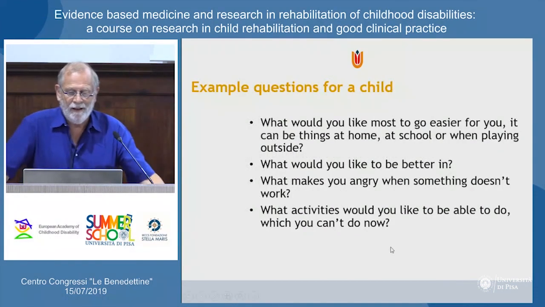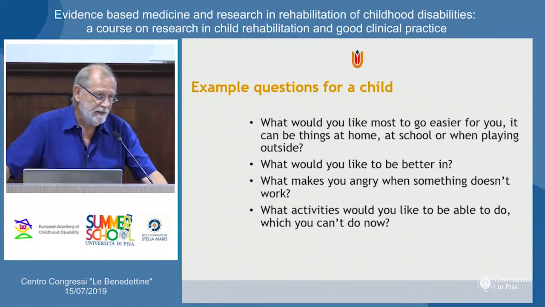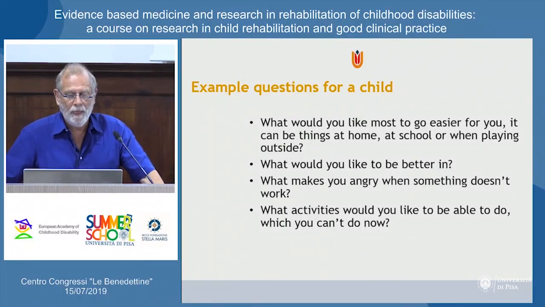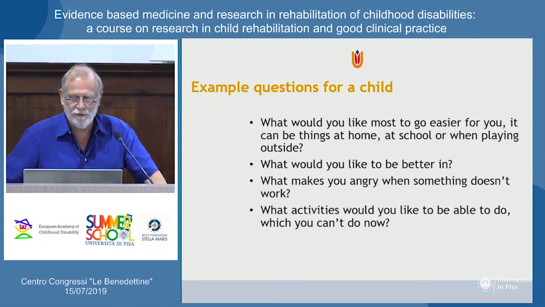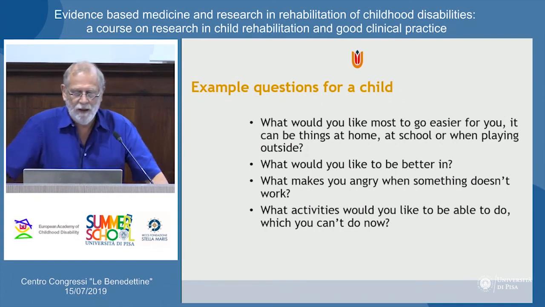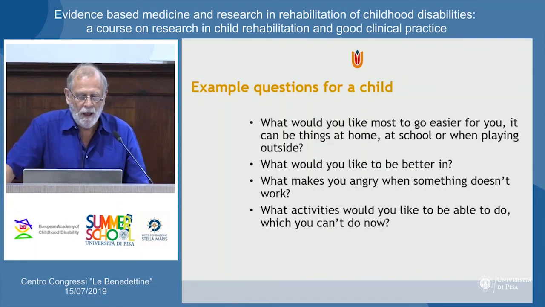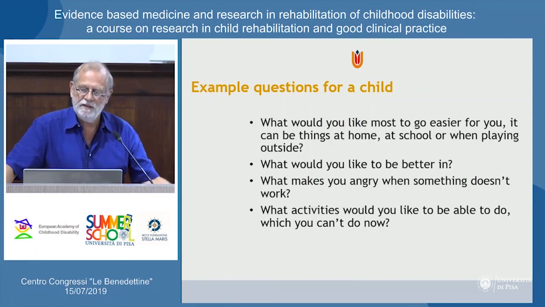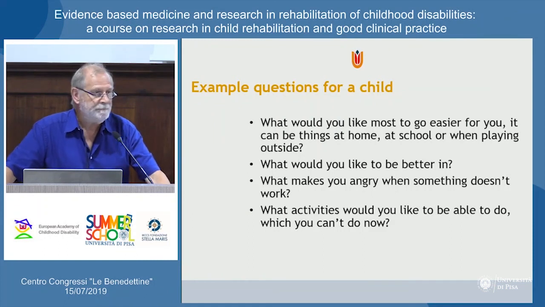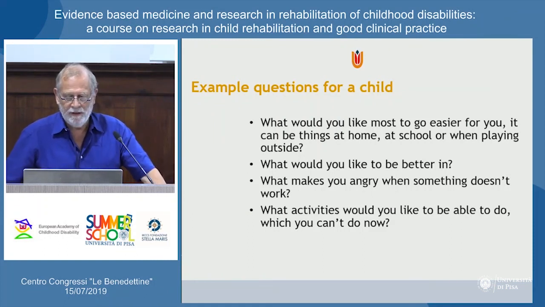And for the child, it's the same. Children from the age of 4 years mainly have their wishes. With open questions, you can invite the child to talk about their wishes and problems.